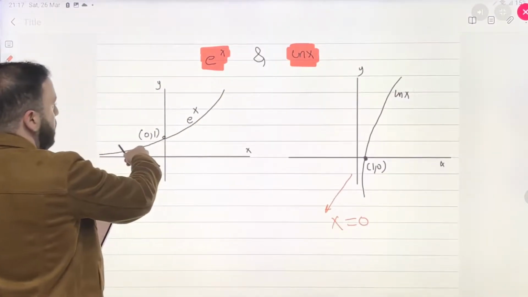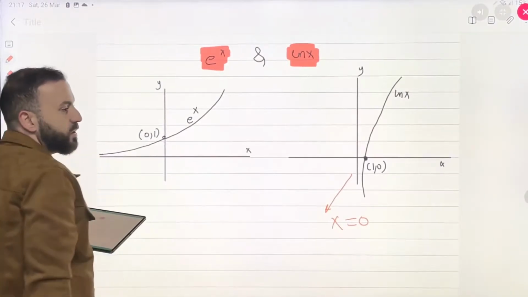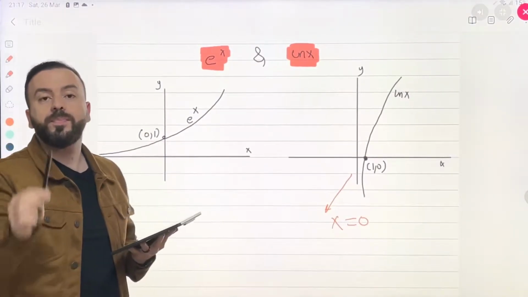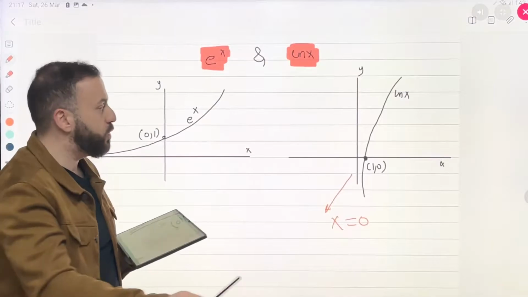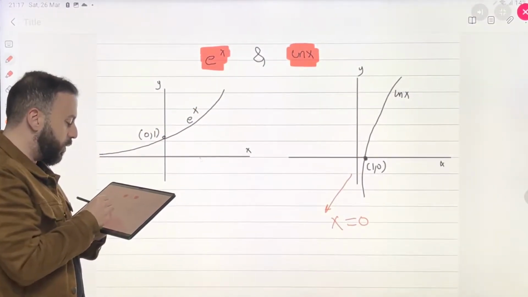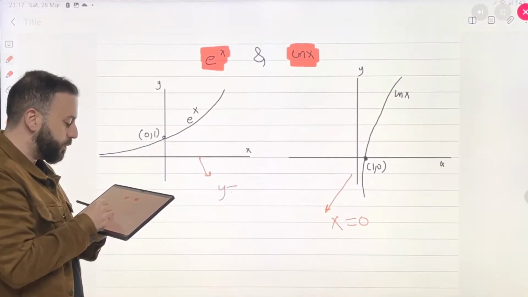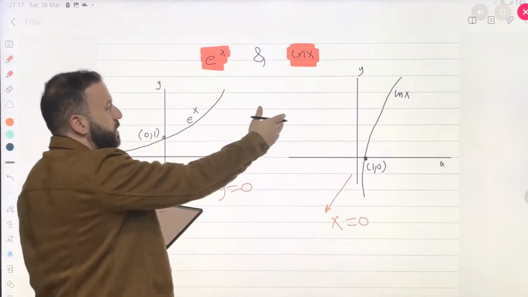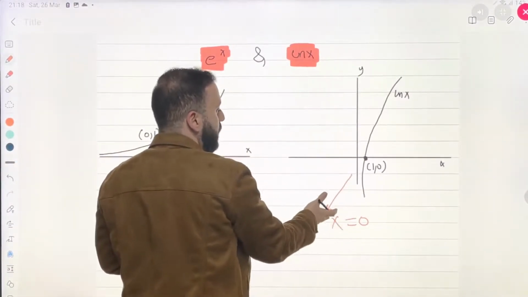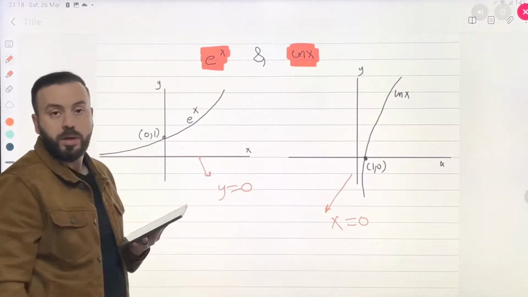And since the exponent function never touches the x-axis, we call the x-axis in this case the horizontal asymptote. So this is a vertical asymptote, which is x equal to 0, and this is a horizontal asymptote, which is y equal to 0.